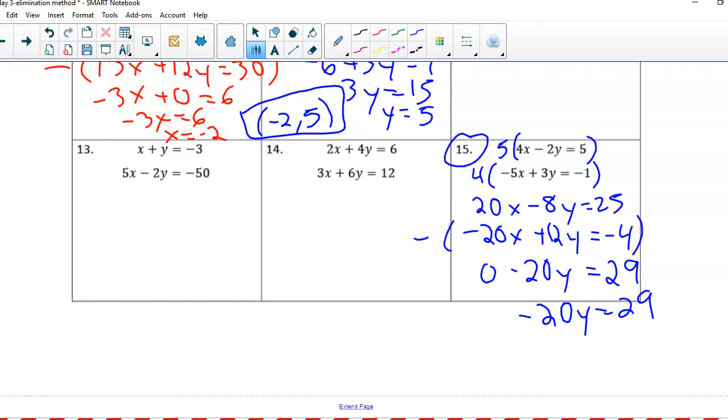Negative 1. Why? Right here. Yeah, that should definitely be negative 10. Okay, that's going to change this. Negative 10 minus 12. Negative 22.